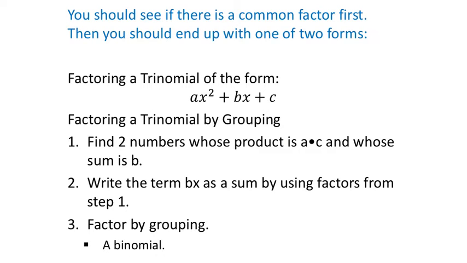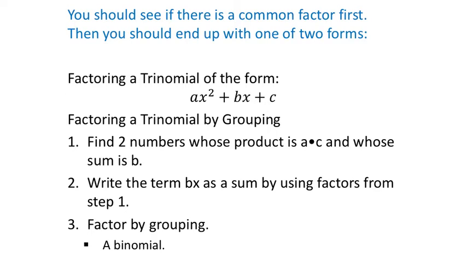Now that we've seen that, this a right here indicates that the coefficient of x squared sometimes is not a phantom 1. So you may see a coefficient of your x squared, which is what the a is representing. A, b, and c would be numbers somewhere in the expression for us.